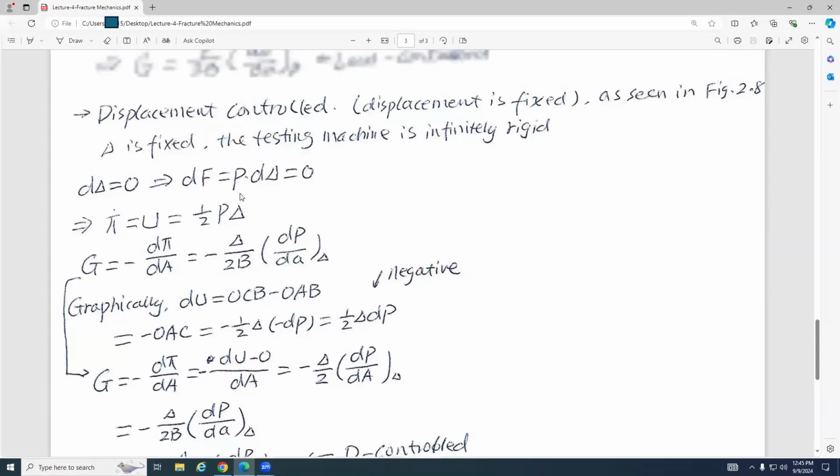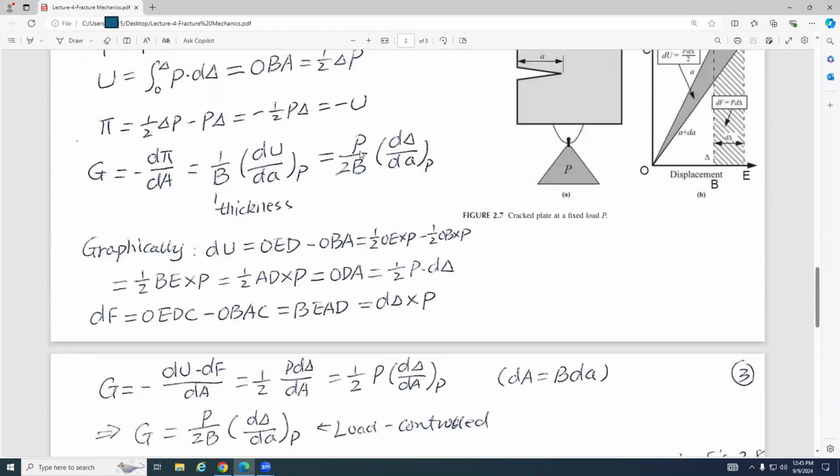For load control, P is constant. That's the reason you can take P out. But this delta is still a function of A. Do you get a sense? That is the difference between load control and displacement control.